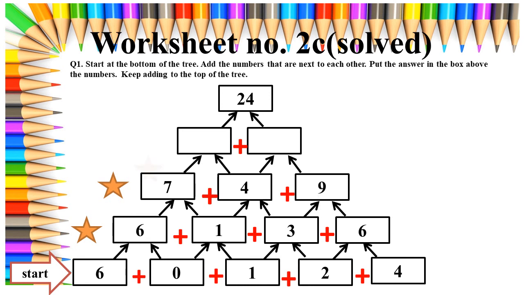Now, next step, 7 plus 4 is equal to 11, and put 11 in the box above the numbers. 4 plus 9 is equal to 13, and we have put 13 in the box above the number. Now 11 plus 13 is equal to 24.